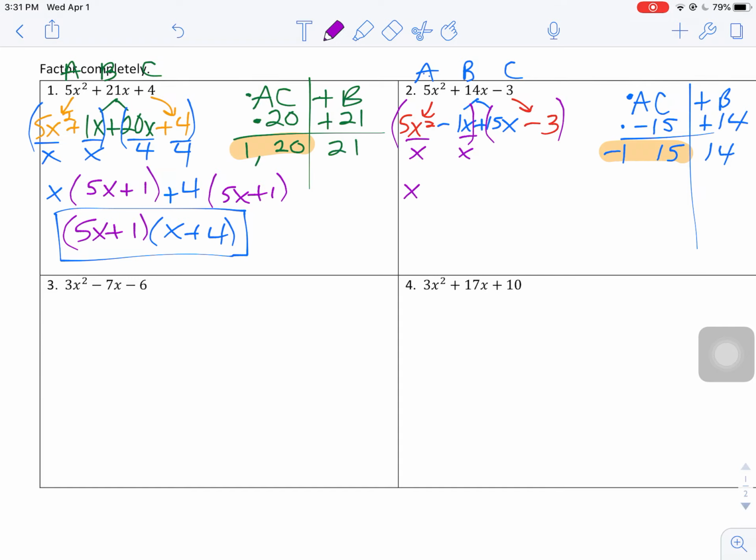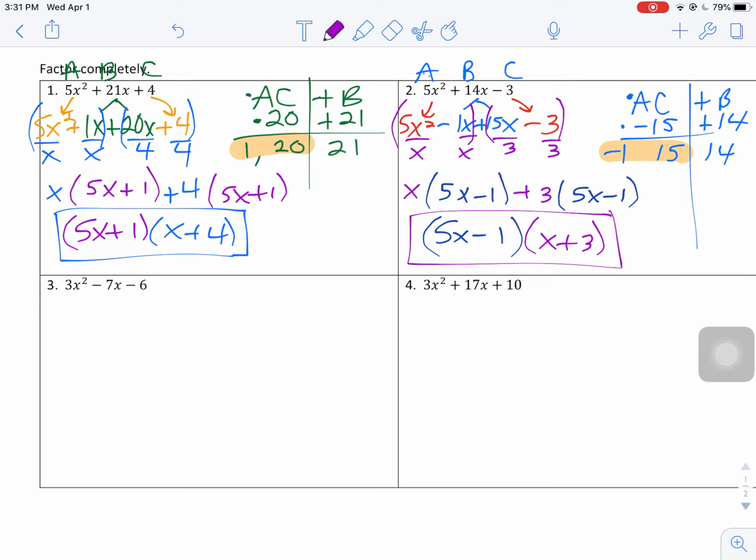In the first set, we're dividing out a GCF of x, and then our leftovers are 5x minus 1. In the back set of parentheses, we have a GCF of 3. So we're going to pull out a 3, and then our leftovers in the parentheses are 5x minus 1. So the 5x minus 1 gets factored out in the front, and the leftovers are the purple x plus 3.